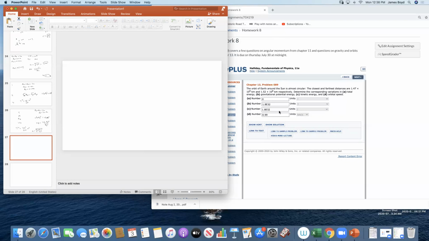Okay, so this problem was meant to help you understand concepts like total energy, potential energy, kinetic energy, and orbital speed.